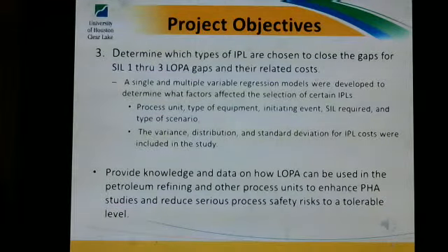This was performed using a multiple variable regression model, which was developed to determine what factors affected the selection of certain independent protection layers. And when I'm referring to independent protection layers, it is basically a device that increases the risk reduction for a particular scenario or hazard scenario.